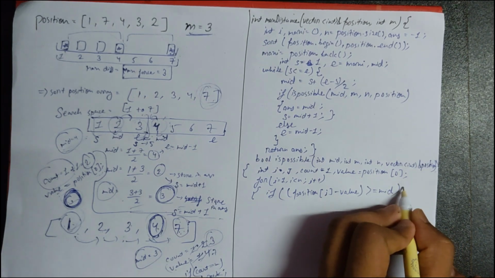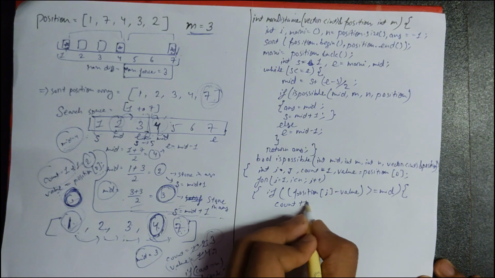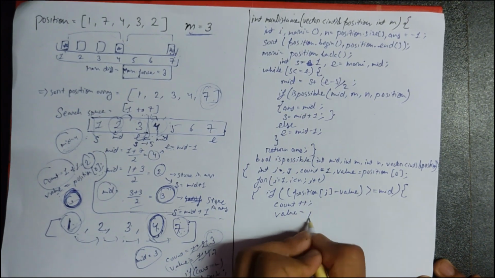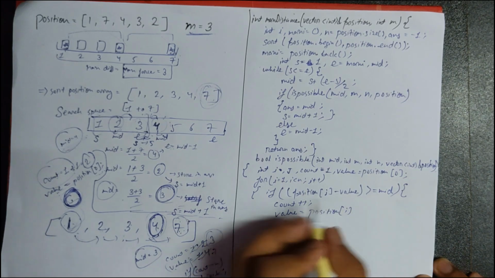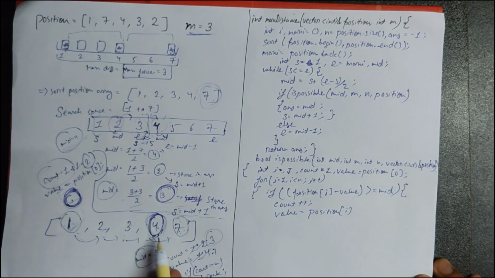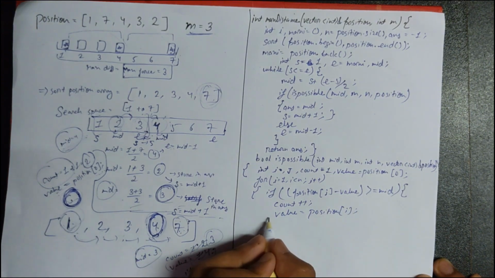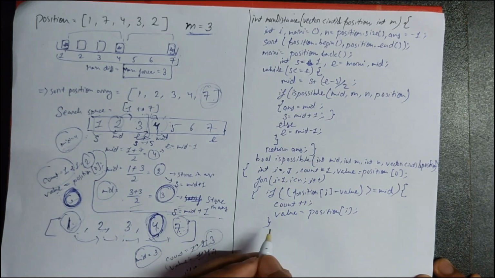And if this condition is satisfied, we will increment our counter and value will also be updated as position of i. And if the if condition doesn't satisfy, we don't have to write any else condition right here.